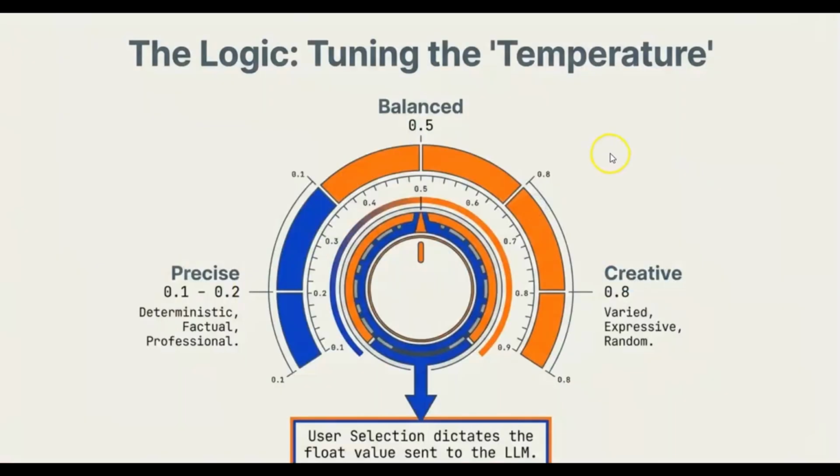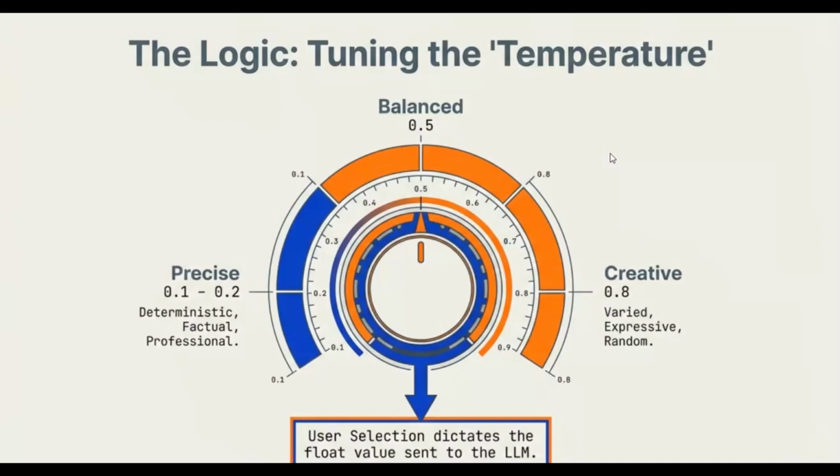So, next, let me talk about how we're going to make it balanced, professional, or creative. Now, there is a term in AI called temperature. Temperature basically decides how professional our answer or our AI is going to be.